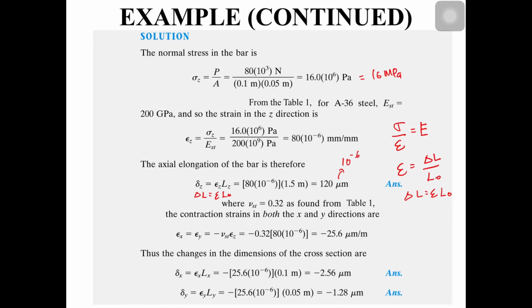So from the table as well, we have Poisson ratio is 0.32. So the contraction strain in both x and y direction, we need to find.